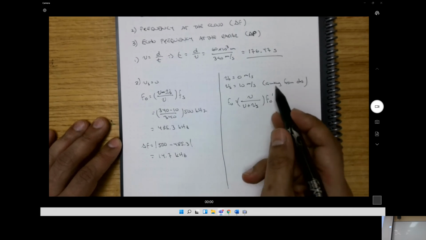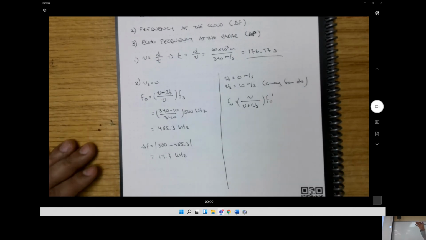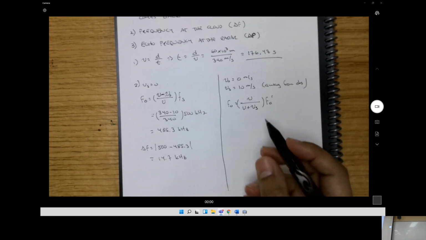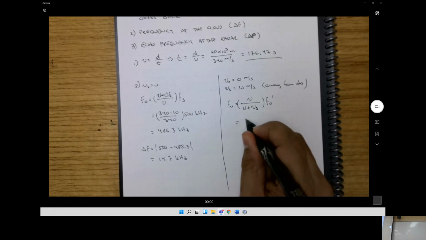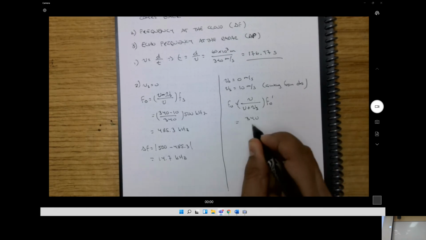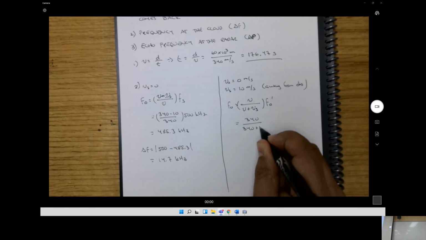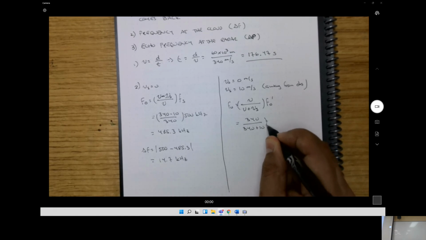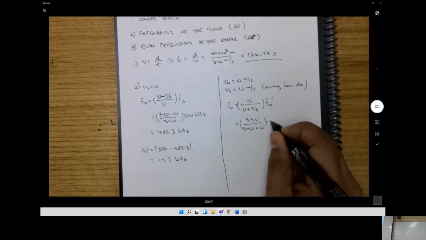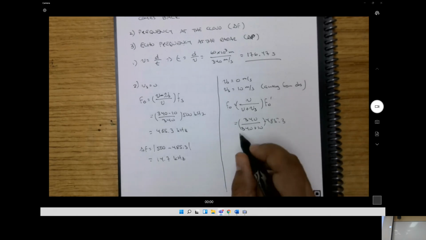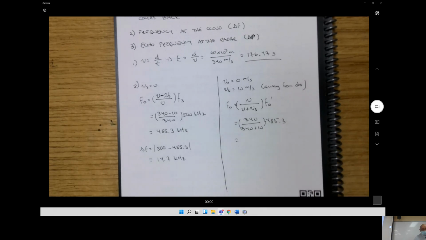Again, the source is moving away from the observer, so the frequency has to go down, so I have to have this positive. So here I will have 340 over 340 plus 10 times 485.3. And let me double check.